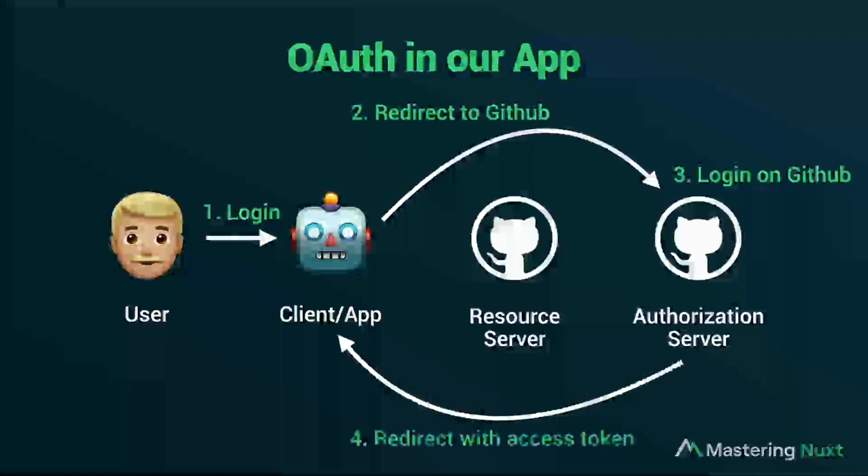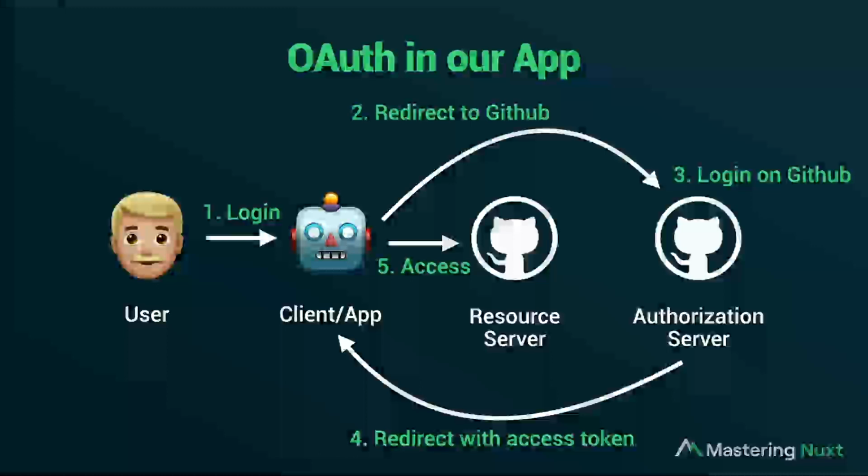But when we redirect back to the app, it actually gives us this access token. And this access token is the key to the whole process. Because once we have that token, we can then, from our app, access the resource server.